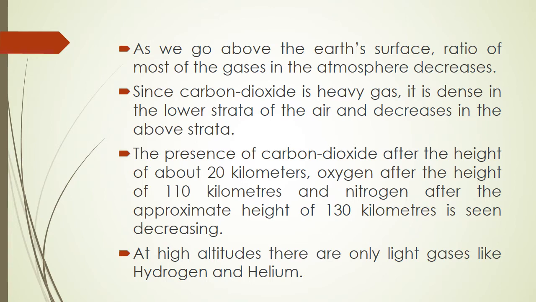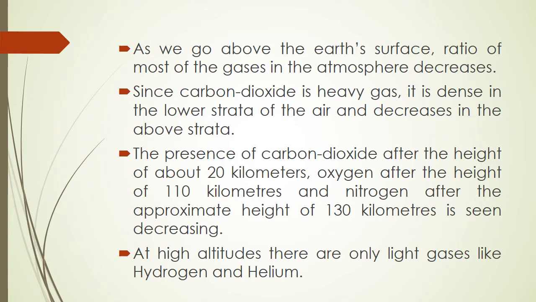The presence of carbon dioxide after the height of about 20 kilometers, oxygen after the height of 110 kilometers, and nitrogen after the approximate height of 130 kilometers is seen decreasing. As carbon dioxide is heavy gas, it is thick in the lower strata of the air. So till 20 kilometers, carbon dioxide will be there, but after that, it is decreasing.